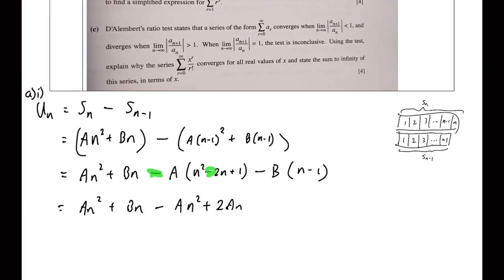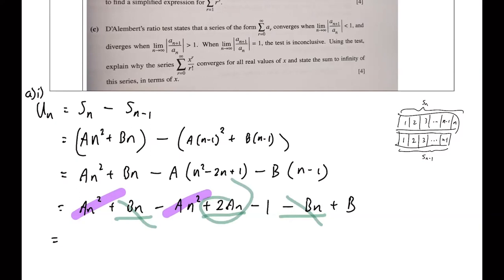Because minus. Then minus times 1 become minus a, minus bn plus b. Good. Combine like terms. I see an squared minus an squared cancel each other off. I see bn, I see 2an, I see minus bn. bn cancel off, you're left with 2an. I see there's a negative a, there's a plus b. Don't cancel off, so just copy down.